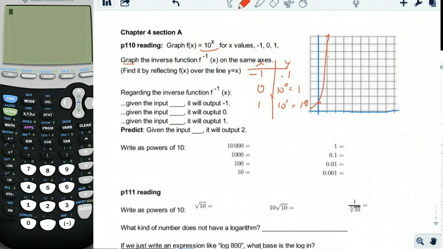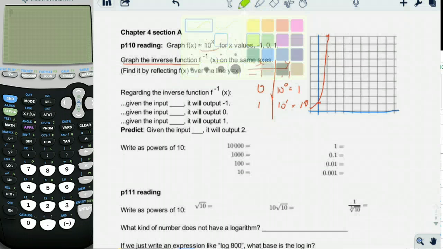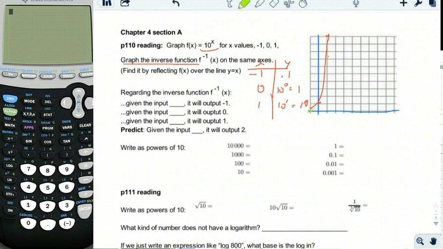Now it says graph the inverse function f negative 1 of x on the same axes, and you just find it by reflecting over the line y equals x. So I've drawn the line y equals x in green, and now I'm drawing the reflection of the red line in purple.